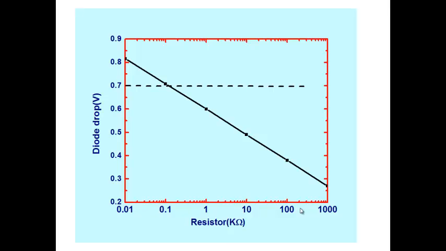And therefore, in this case, you may think that the approximation of 0.7 is not too bad. It's okay. While in the other case, the 0.7 volt approximation becomes pretty poor, especially as you go to larger or smaller currents. So while you're using 0.7, you have to watch out for whether the model is correct or not.